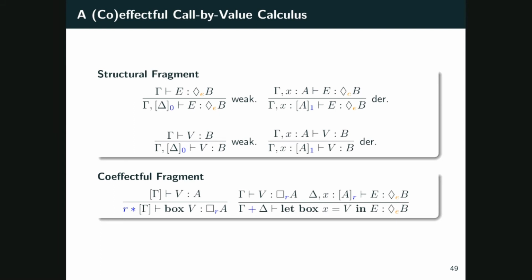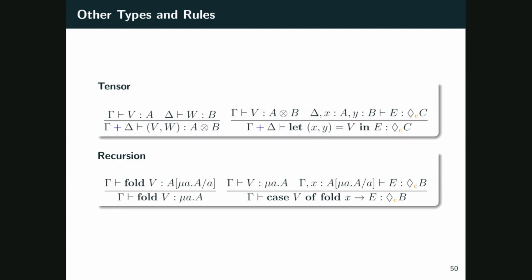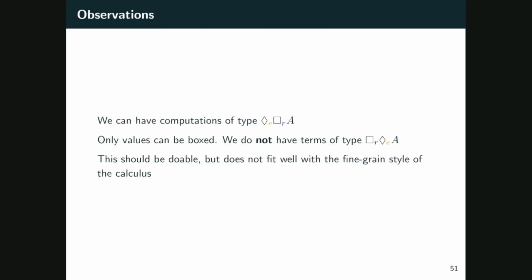And of course, in doing so, we also add new requirements to the environment. And if we have a value with capability and we have a computation that requires a value with capability, we can just somehow compose them, right? And that's the elimination rule for the box modality. And as usual, we may assume to have other types, such as tensor types, recursive types, or even product types and other similar things.